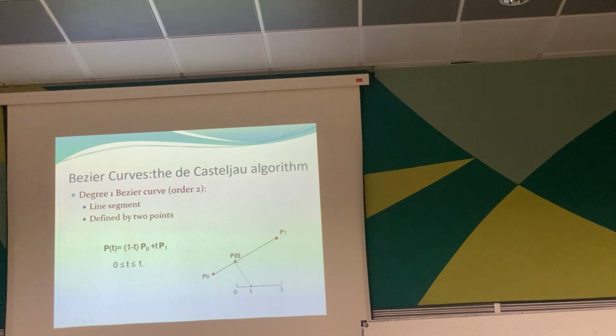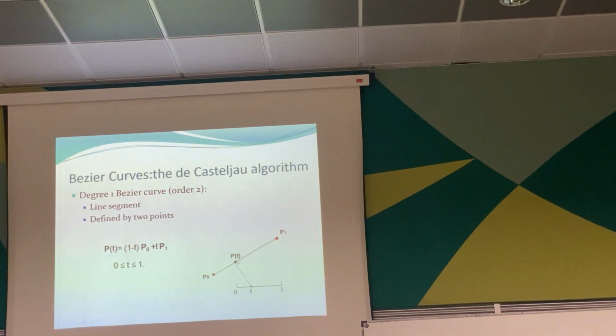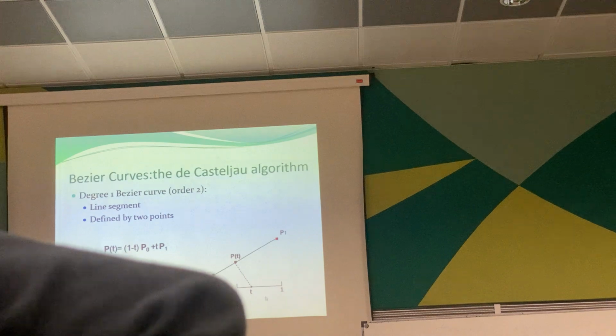This end is 0 and this end is 1, and the point at time t may be 0.3. If t is 0.3, how do you get this point? It will be 1 minus 0.3, so 0.7 of P0, and then 0.3 of P1. Then you get this point at time t. Your t is between 0 and 1.